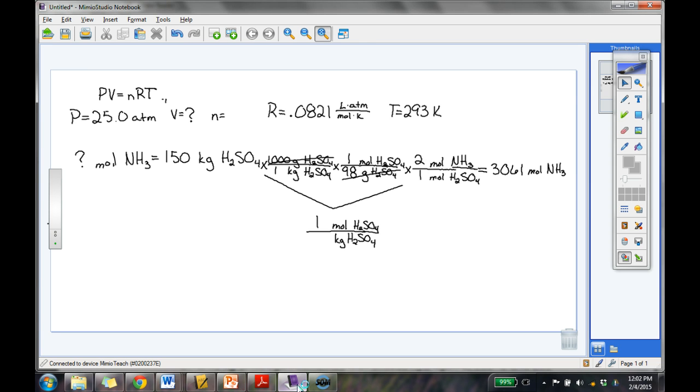Even though we know it's still 1 mole, since a kilogram is 1,000 times bigger than a gram, we can convert this by moving our decimal place 3 places. We add in a 0 here, and that ends up being 0.098 kilograms. So instead of doing 2 steps, you could just do that as 1. It's really up to you, whatever your preference is. But now that we have our 3,061 moles, we have the information that we need.